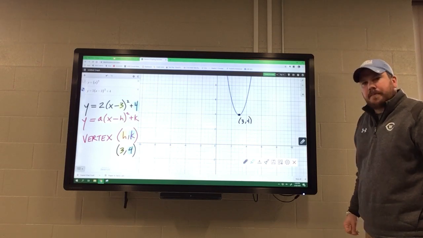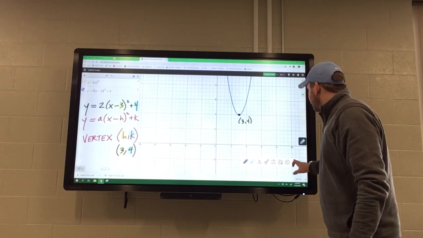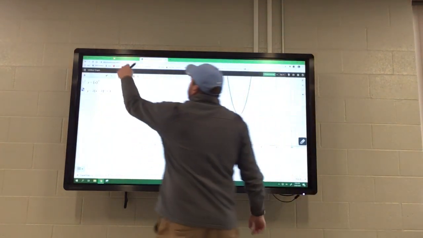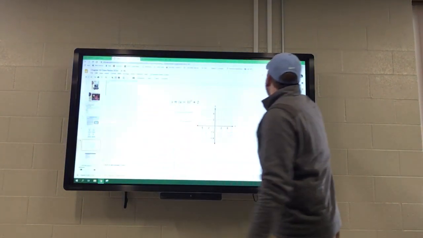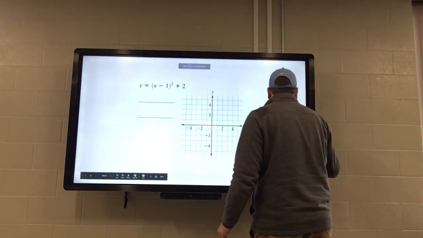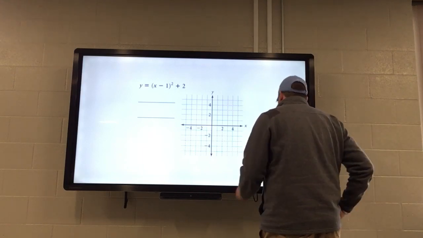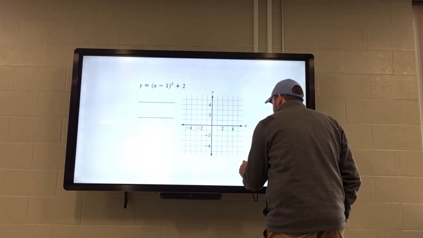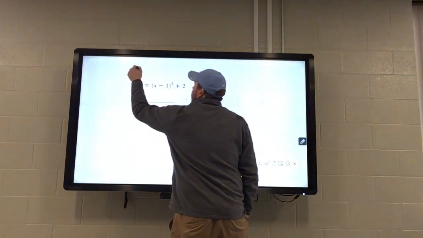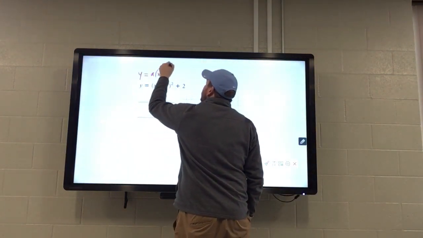So that's vertex form. Here's how I'm going to ask you to use it, at least for now. Let's go back to our notes. Let's say I ask you to sketch the graph of this function. Well, you should see that this function is in vertex form. Y is equal to a times the quantity x minus h squared plus k.